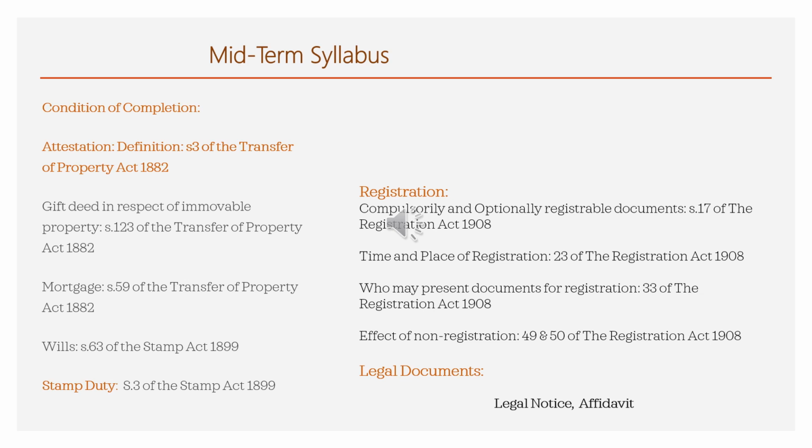Or, on the other hand, you can explain that a document is validly executed by the parties as a deed if and only if it is duly executed by the parties. The conditions are attestation, stamp duty, registration. We will learn different laws which are associated with different issues relating to law.